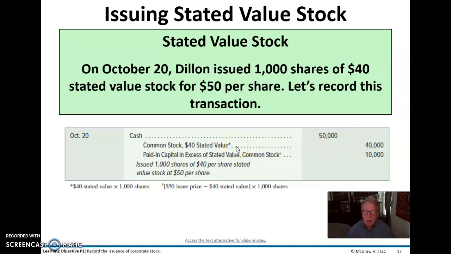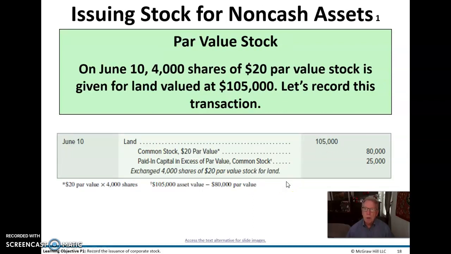Again, we would take common stock at the stated value for $40,000, and then we had paid in capital in excess of stated value common stock for $10,000. Pretty straightforward.